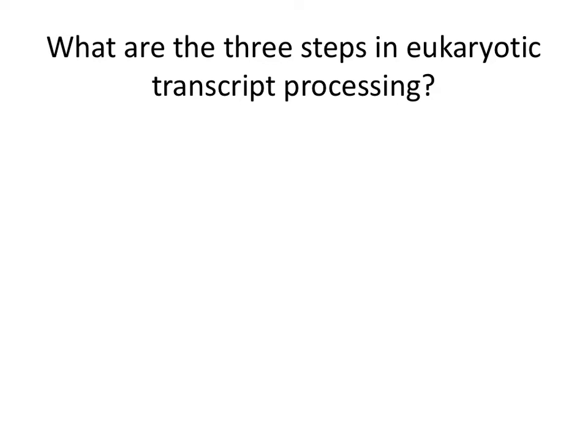Let's start with this. So there are 3 steps. If you're a eukaryote, there are 3 things that happen during transcription. The RNA polymerase makes a transcript. That's the primary transcript. So what happens after that? The primary transcript is an RNA molecule that's generated by RNA polymerase. What's something that happens to that molecule of RNA while it's being transcribed?